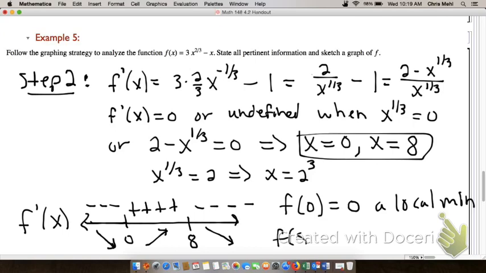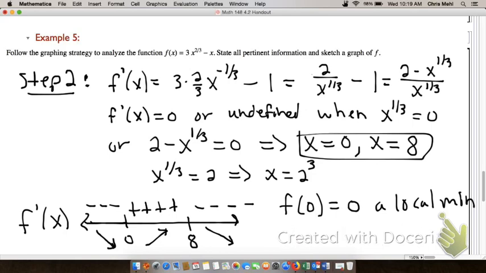And then f of 8, which is identically equal to 3 times 8 to the 2/3 minus 8. Let me rewrite this.